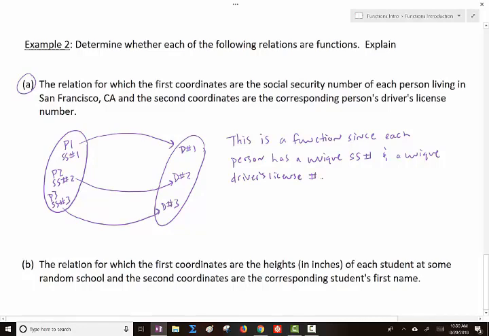It's not going to be possible for one person to have 2 different driver's license numbers, and because of this, it doesn't violate the definition of what a function is. Hence, this is a function.